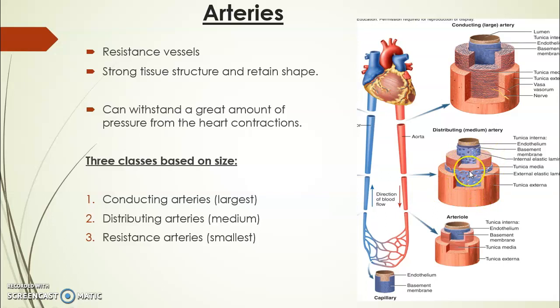Then the media is also going to start being reduced. Finally, into that third type, the resistance arteries, we're going to see that the tunica externa is very, very little, as well as the tunica media.